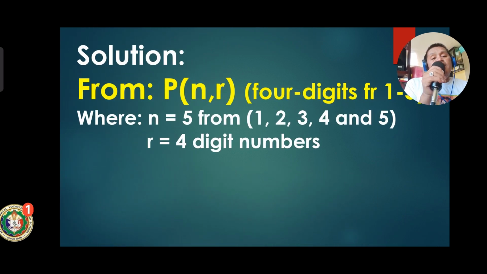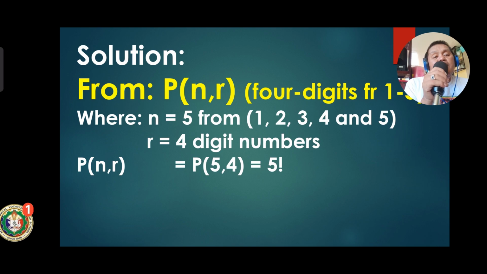Solution. From the permutation of n objects taken r at a time, we have 4 digits from 1 to 5, where n is equal to 5, from 1, 2, 3, 4, and 5. So there are 5 numbers or digits, and r is equal to 4-digit numbers. So the permutation of n objects taken r at a time is equal to the permutation of 5 numbers taken 4 at a time, which is equal to 5 factorial.